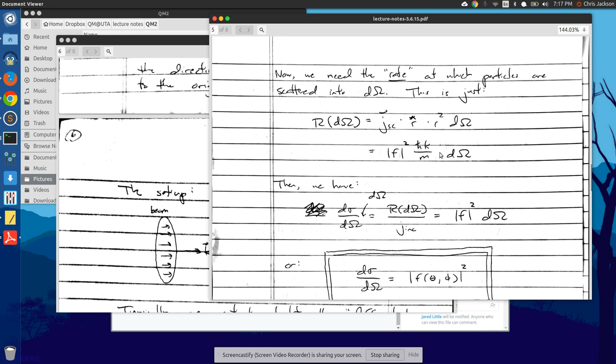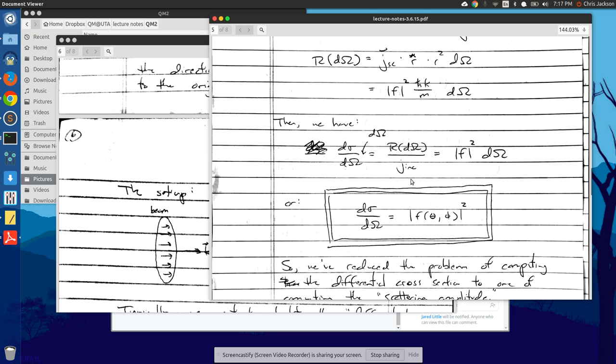And then if you go back to our definition of the differential cross section, you'll see that it basically boils down to the ratio of this rate that we just computed divided by the incident current.